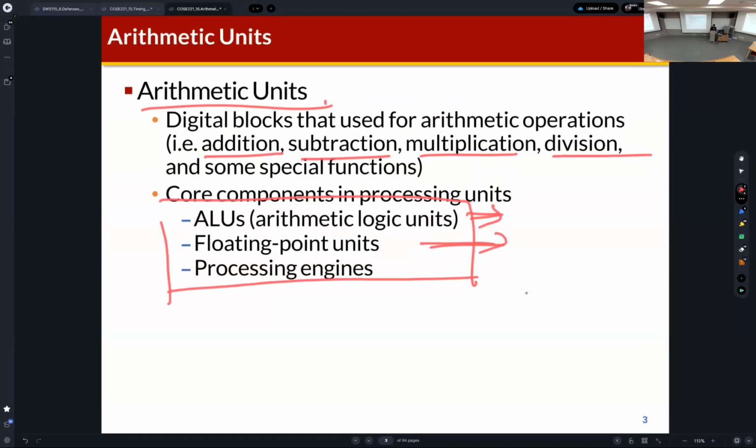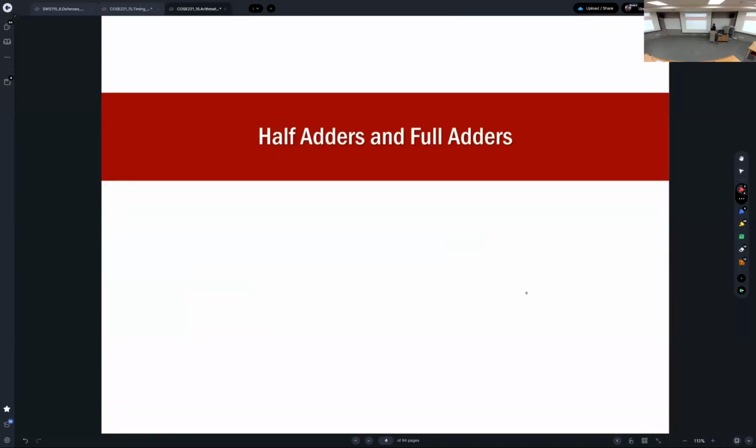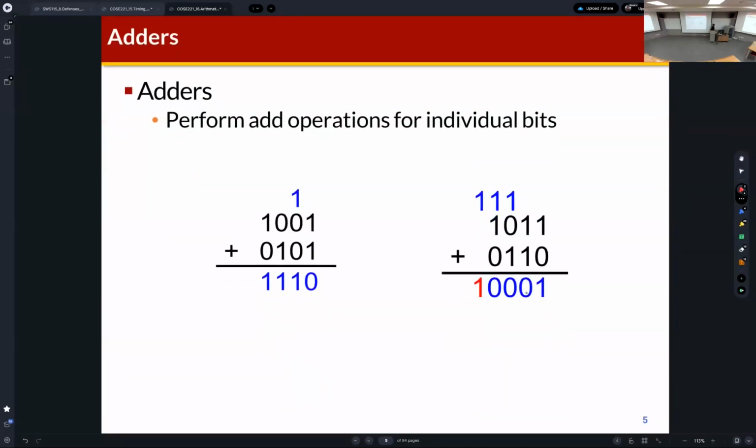Okay, so let's start with the addition. We will learn about the half adder and full adder. Let's review the add operation for integer numbers. For the add operation, we can just perform the add operation for each digit, right?